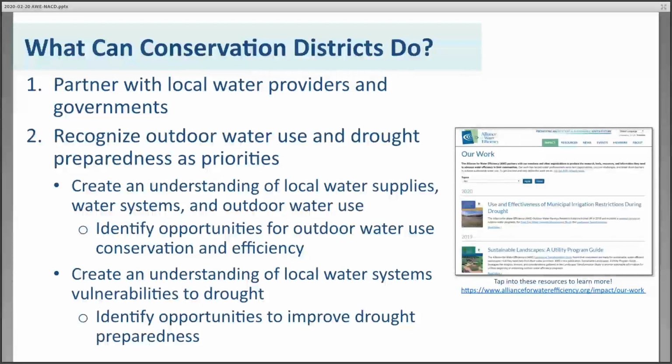Every area is unique and different, but there are opportunities for outdoor water use and conservation and efficiency. And then create an understanding of local water systems' vulnerabilities to drought, and then identify those opportunities to improve drought preparedness. Make sure your communities have a plan in place should a drought occur.